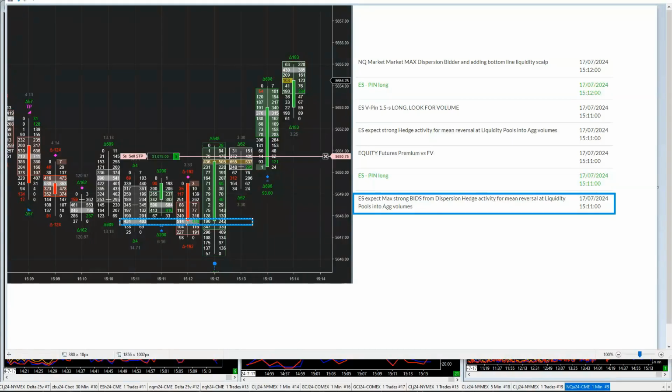What happens, of course, then is we then see at 15.12, shortly afterwards, max dispersion bidder, and they're going to add bottom line liquidity on a scalp. 15.12, guys. Look at that.